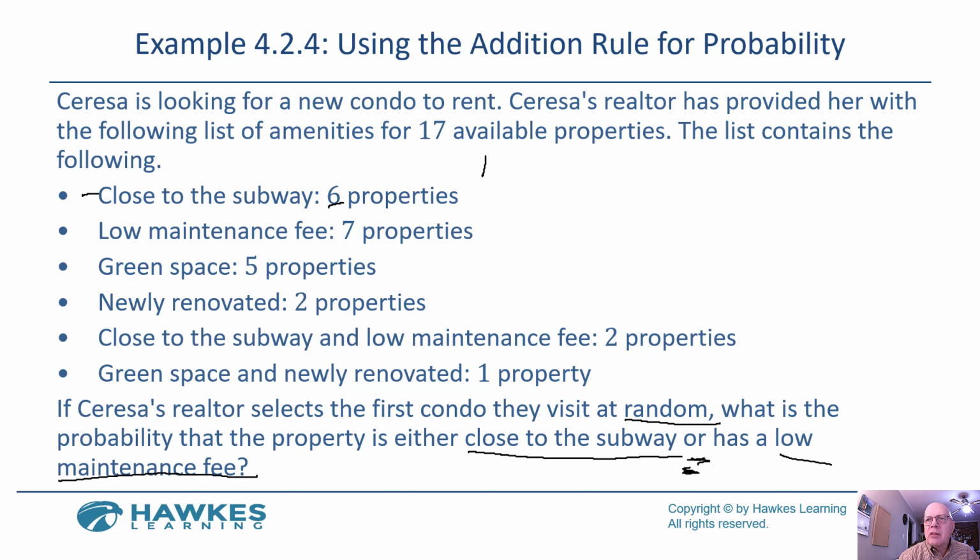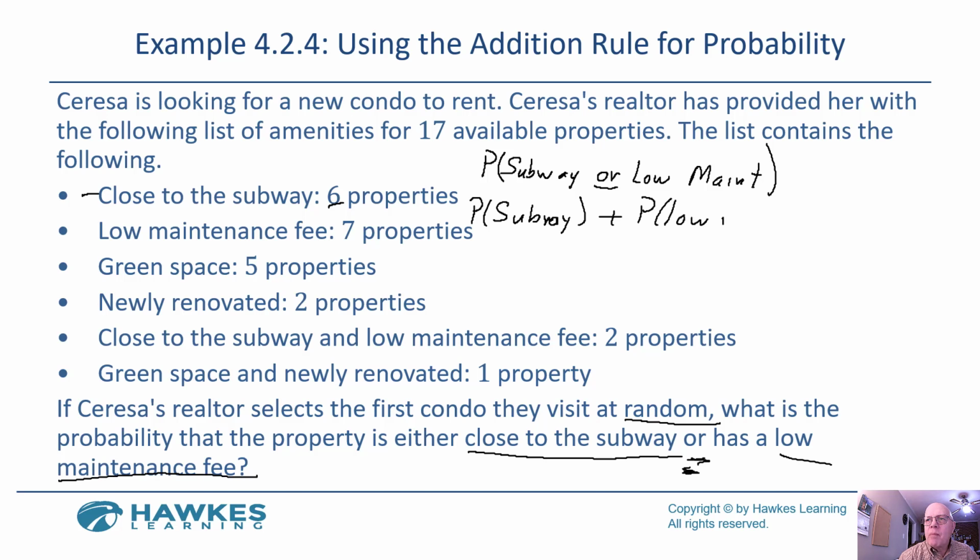So we want the probability that it's close to the subway or low maintenance. The OR says use the addition rule, so you'll have the probability that it's near the subway plus the probability that it has a low maintenance fee.